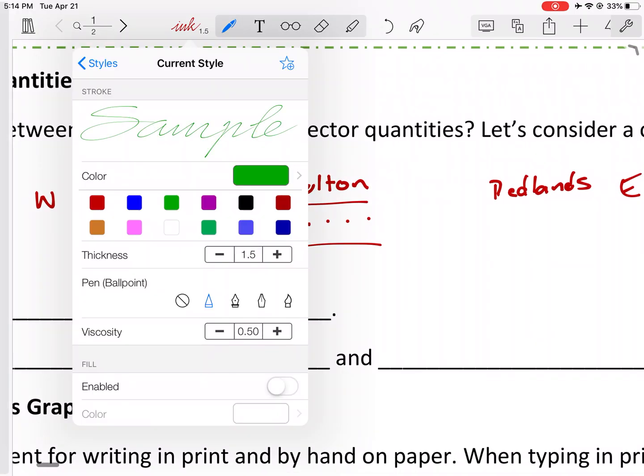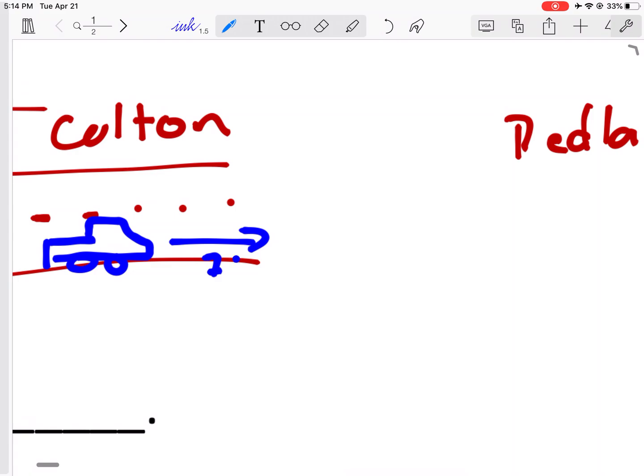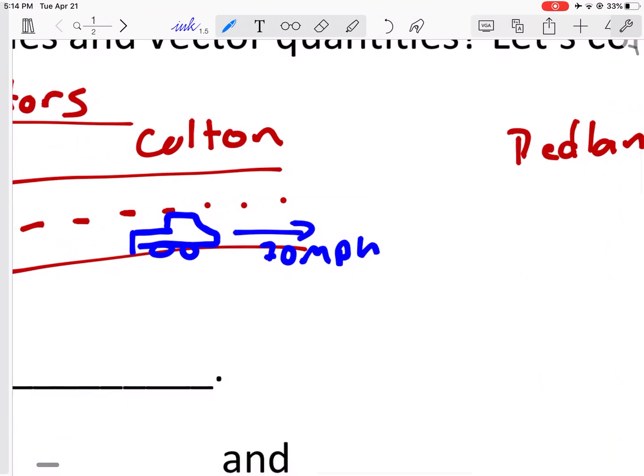Vectors can give us a perspective on what direction something is moving. For example, if this truck is going to the east towards Redlands at a magnitude of 70 miles per hour, we now know its magnitude and its direction. It's going 70 miles to the east.